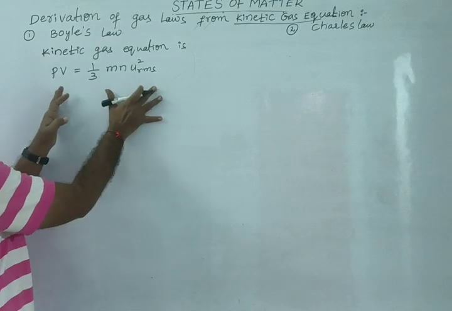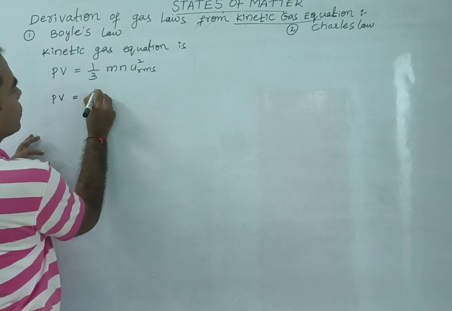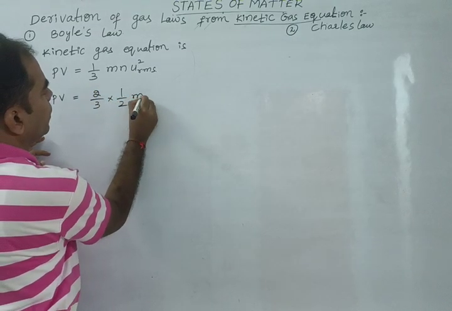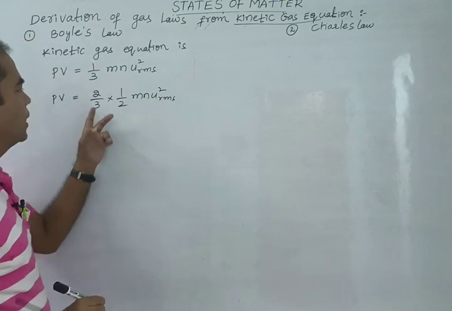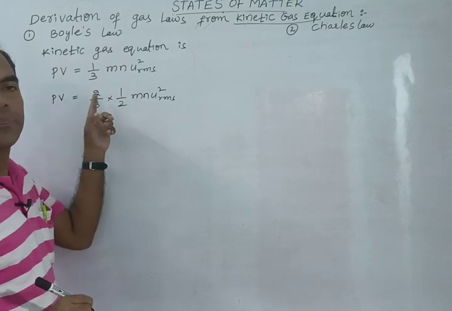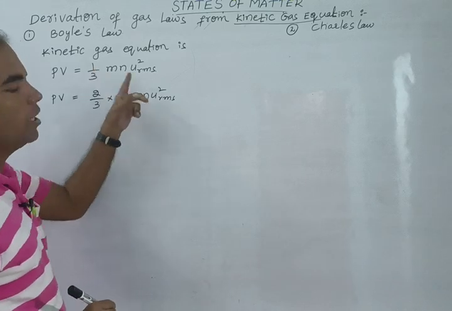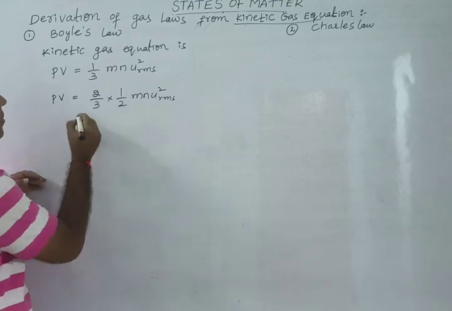Can I write PV equals 2 by 3 into 1 by 2 mn u square RMS, multiplying the numerator and denominator by the same number 2? Multiply with 2 and divide with 2, and the value will not change.